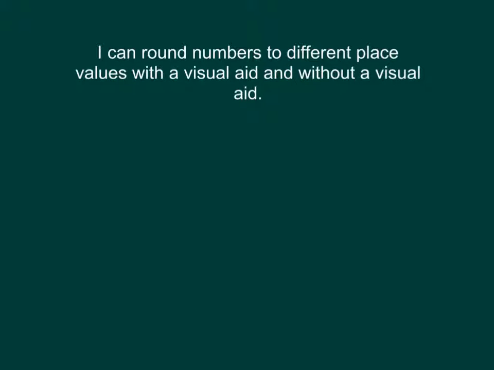So as you can see through this lesson, it matters what place value we round to based on how big our number is. The visual aid that we use on the side, the number line, can help us, whether it's vertical or horizontal. Check yourself to see if you've learned our I can statement for today. I can round numbers to different place values with a visual aid and without a visual aid.